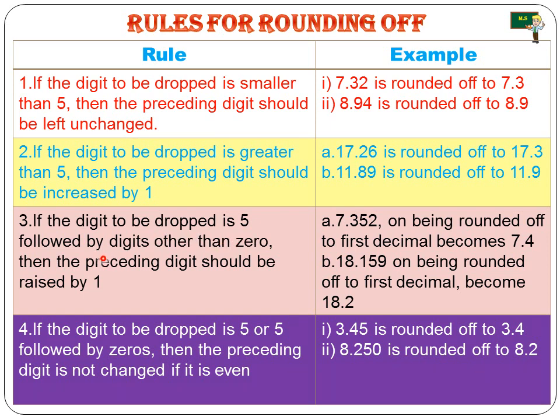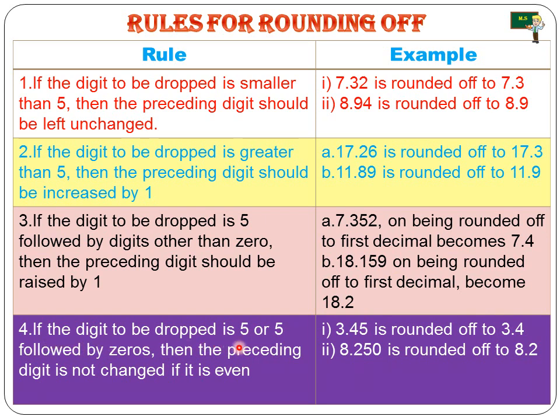Third rule, if the digit to be dropped is 5 followed by digits other than 0, then the preceding digit should be raised by 1. There are two examples. One is 7.352, on being rounded off to the first decimal, becomes 7.4, and example B, 18.159 rounded off to the first decimal becomes 18.2.